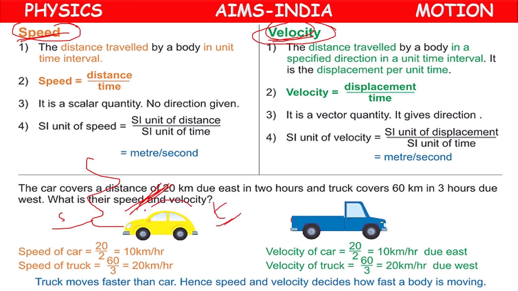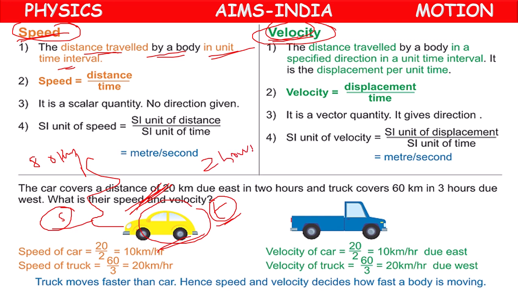The distance traveled by the car in some time is called the speed of the car. So speed means distance traveled by a body in unit time. Suppose it went 80 kilometers in 2 hours.